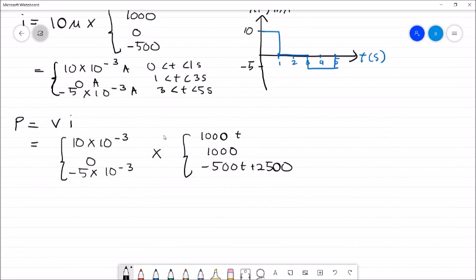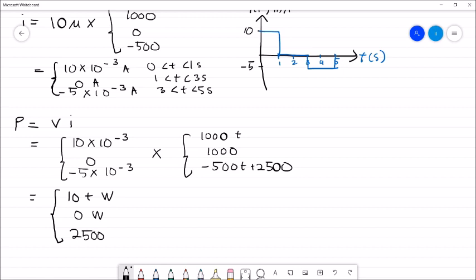So it is equal to 10t watt, then 0 watt, and then negative 5 times negative 500 will be 2500.